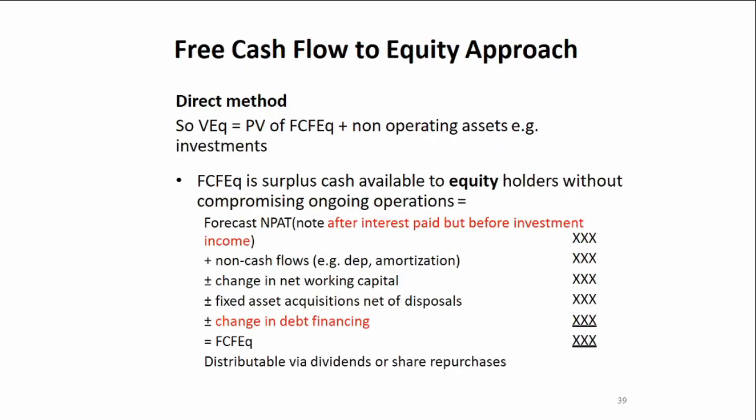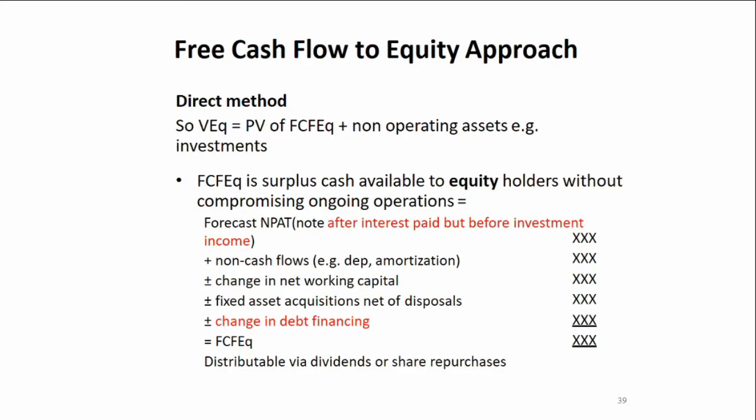Now that we have looked at the enterprise free cash flow, we can look at the free cash flow to equity approach. Just like the enterprise free cash flow was an indirect valuation method, which means we get to the value of equity indirectly because we valued the enterprise, then we had to subtract the market value of debt to get to the equity value.